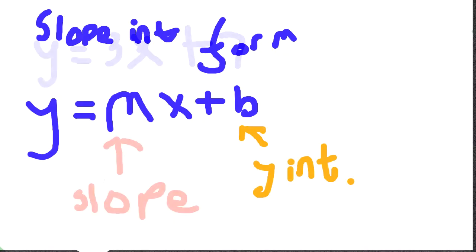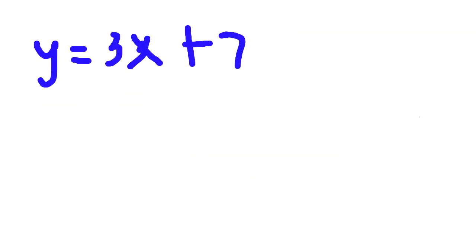Alright, so I'm going to give you an example. y equals 3x plus 7. So literally going back to this slide, the number in front of the x is your slope. So looking here, the number in front of x is 3. So therefore, your slope is 3.